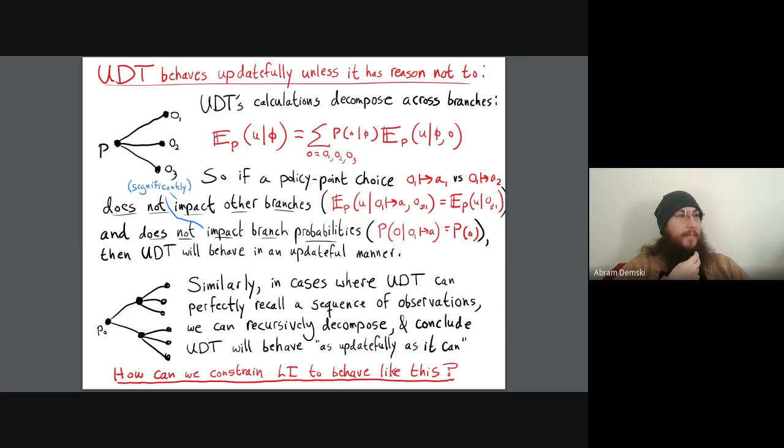Imagine that I'm seeing a sequence of bits, and at every time step I see another bit. And I treat this as my observation.